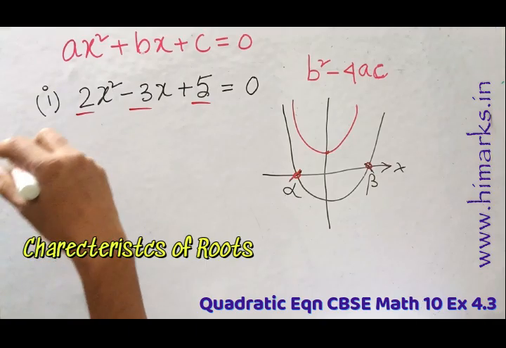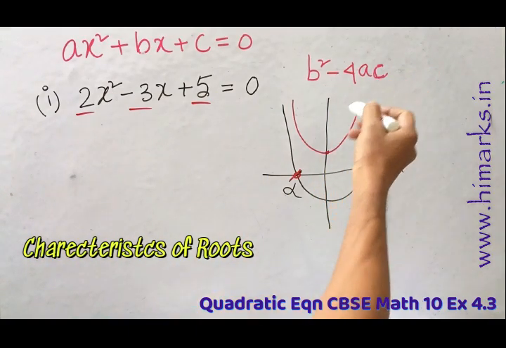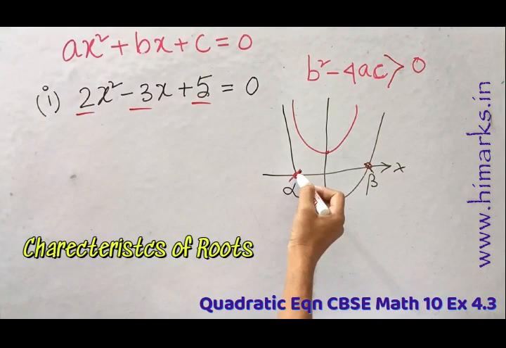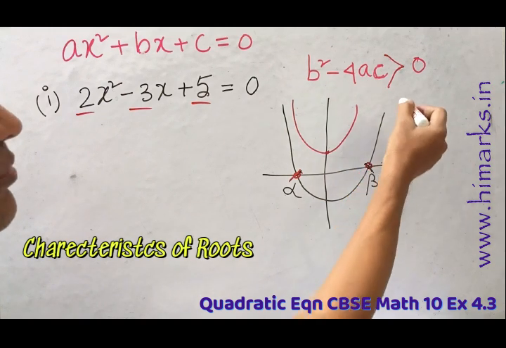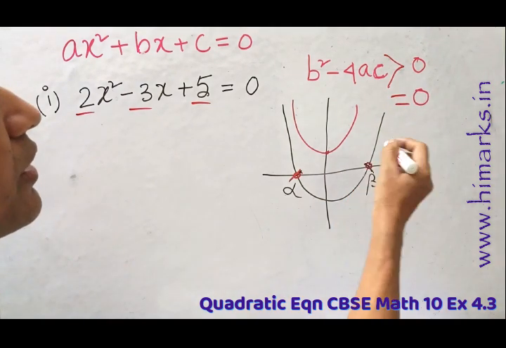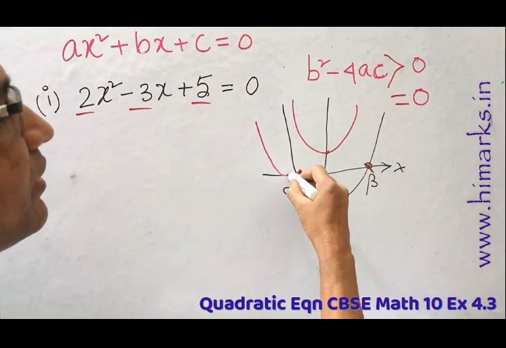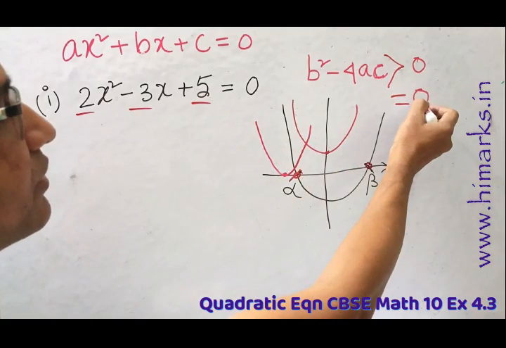We know that b square minus 4ac, if it is greater than 0, then we get two real solutions like this. If it is equal to 0, then the curve will come and touch just like this, only one solution.